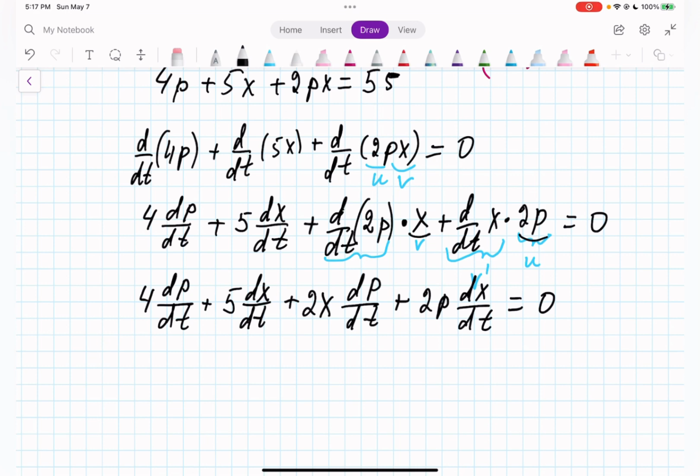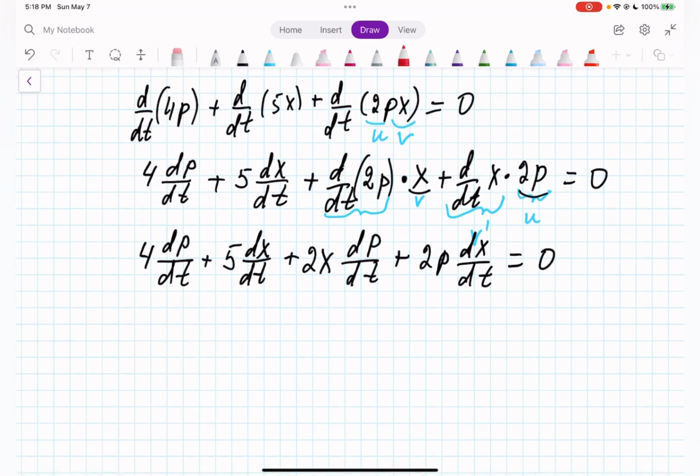Not like terms, but what do we have that we can substitute? At the beginning I took a picture, so here it's given. I didn't make this up. dp by dt is equal to 1.3, x is equal to 3, and p is equal to 4.